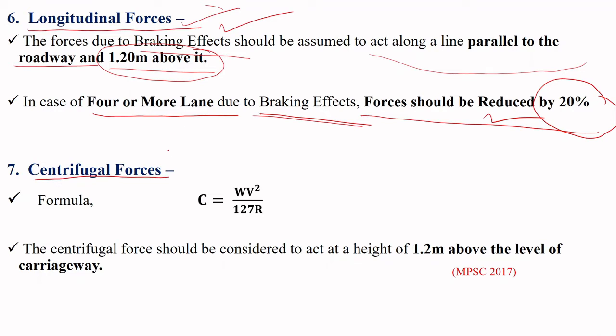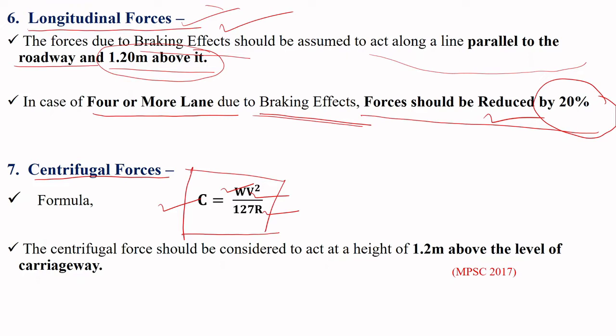Now we will see the centrifugal force. In centrifugal force, we know the formula, that is C equal to WV square divided by 127 R. We know the designation of the formula, that is W means weight, V means velocity and R means radius. So by that formula we can calculate how much is the centrifugal force that is acting on the roadway. So this is the basic formula.